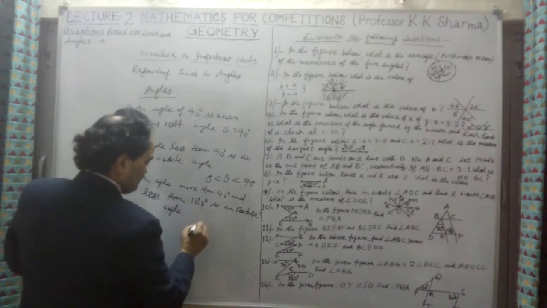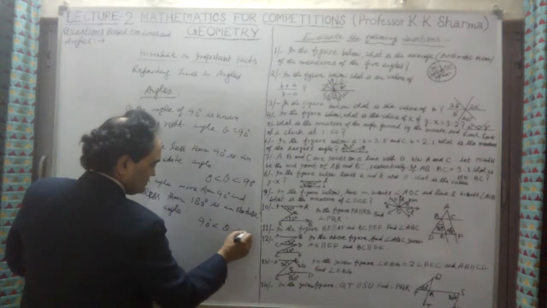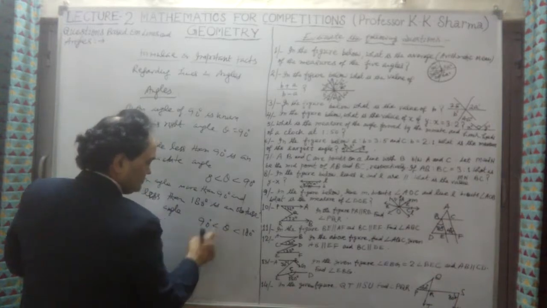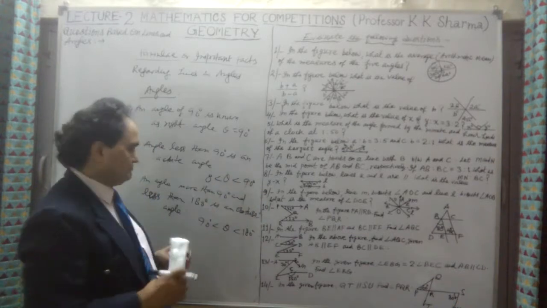For example, here 90 degrees is less than theta is less than 180 degrees. This theta angle lying between 90 and 180 degrees is known as an obtuse angle.